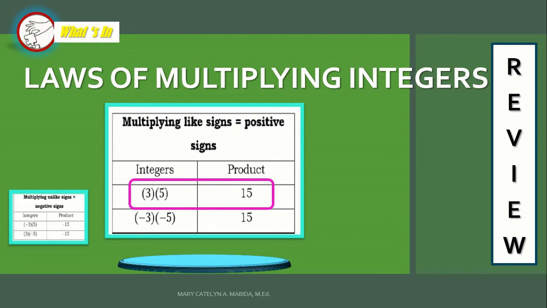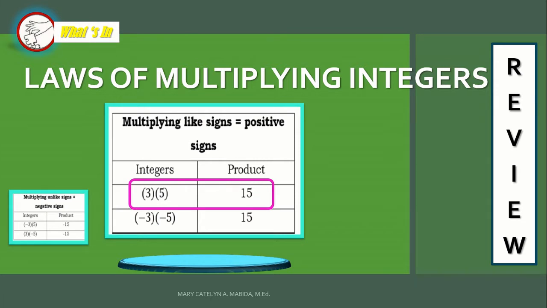They are both positive. Positive 3 and positive 5. Therefore, their product will also be a positive number. Positive 15. Again, 3 times 5 is equal to 15.